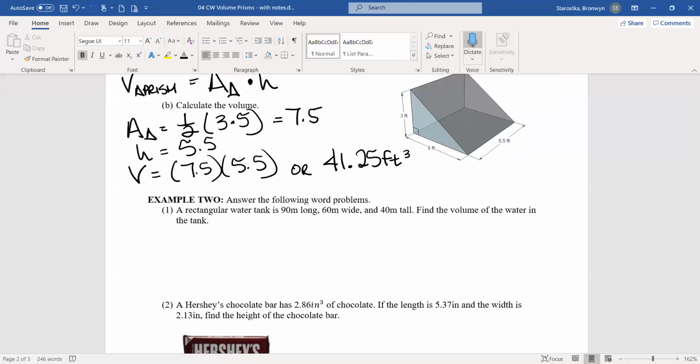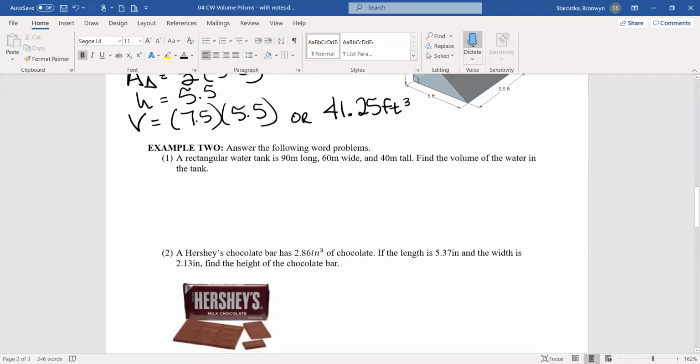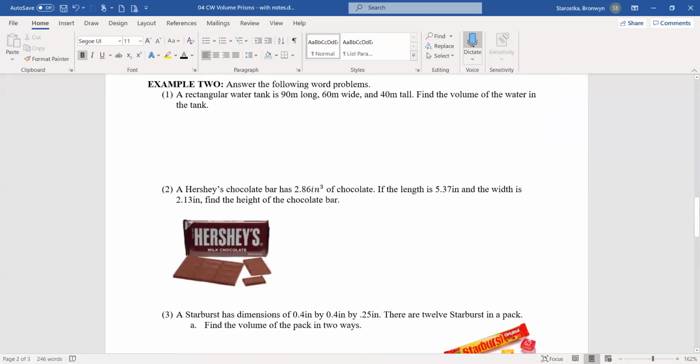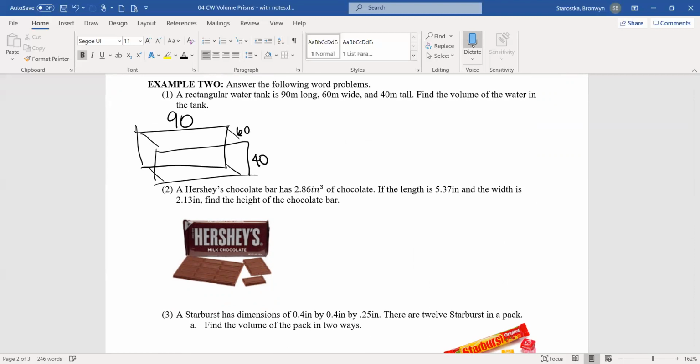Example 2. A rectangular water tank is 90 meters long, 60 meters wide, and 40 meters tall.